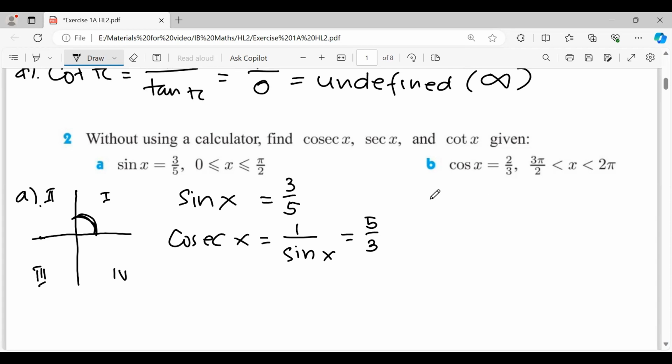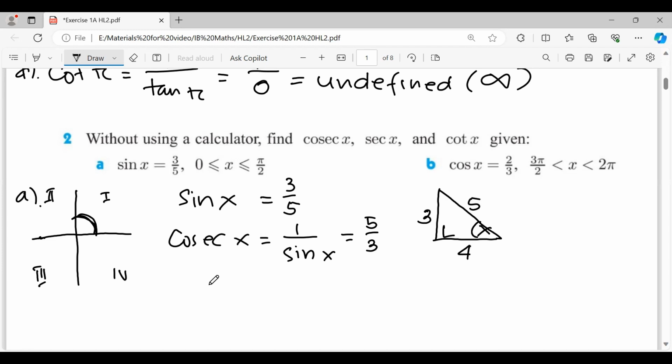Through a right angle triangle, if we sketch like this, 5 here, and then if this is x, sine, it means 3 here and 4 here. So cosecant is 5 over 3.